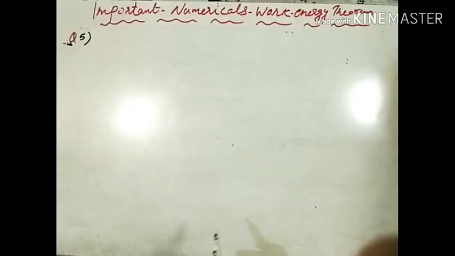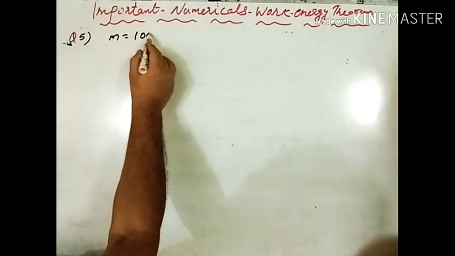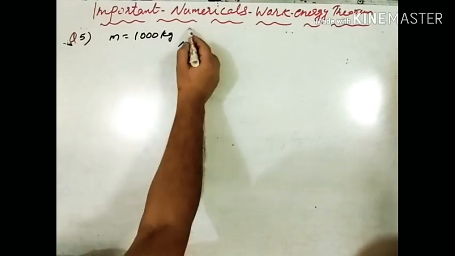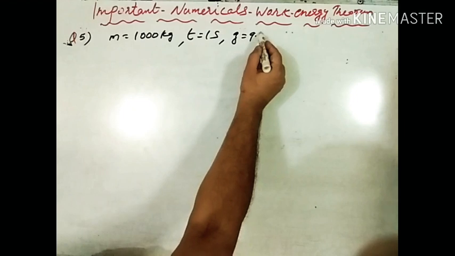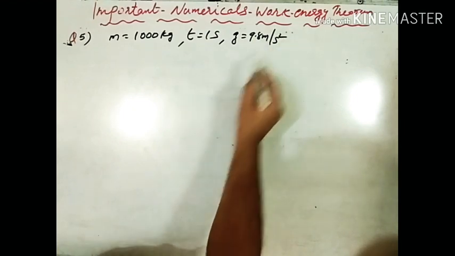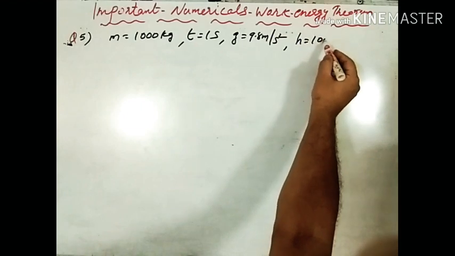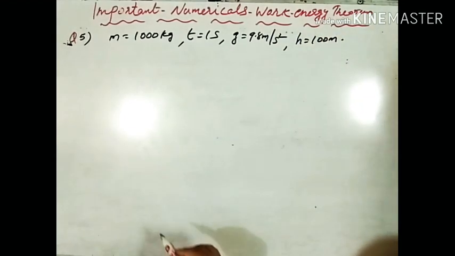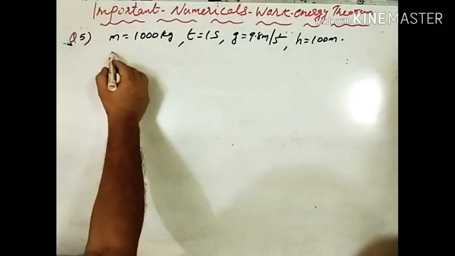Mass of the water is 1000 kg per second. Time is 1 second. g is given as 9.8 meter per second square. The height of the dam is 100 meter. So the first question is to calculate the initial potential energy.